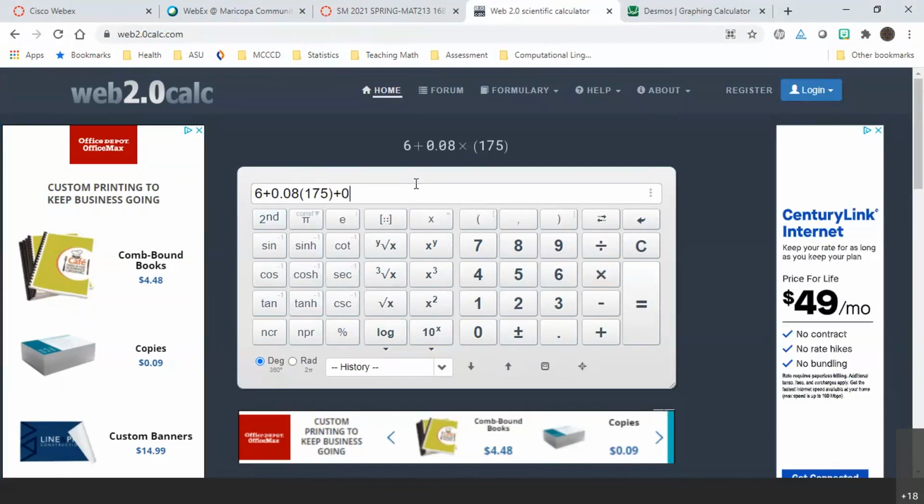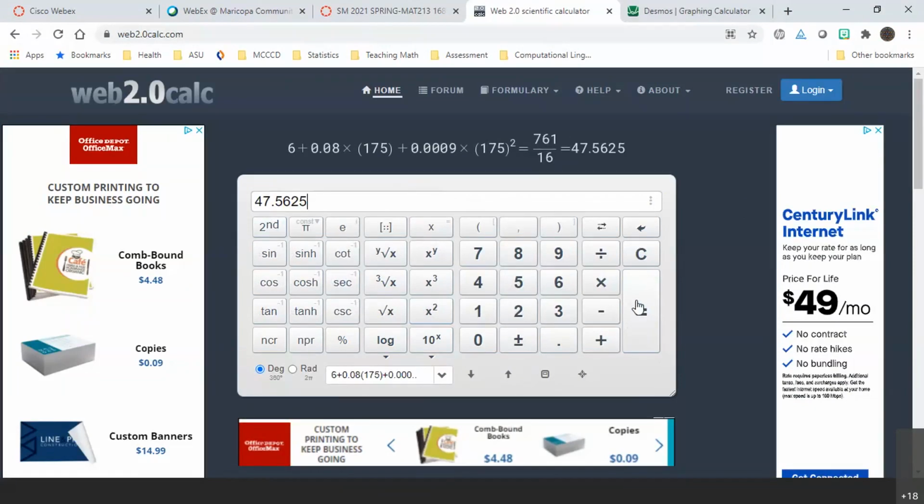And again, there's a square key. All right, and if you look at this, it rounds to 47.56.